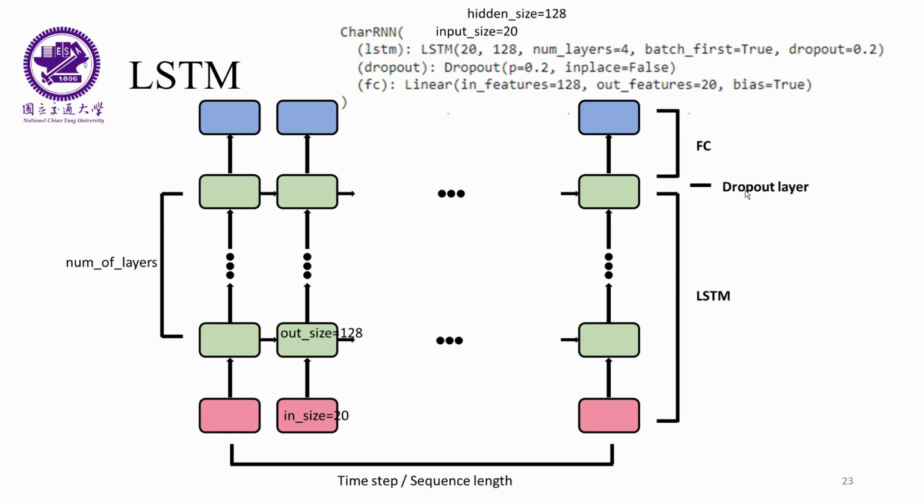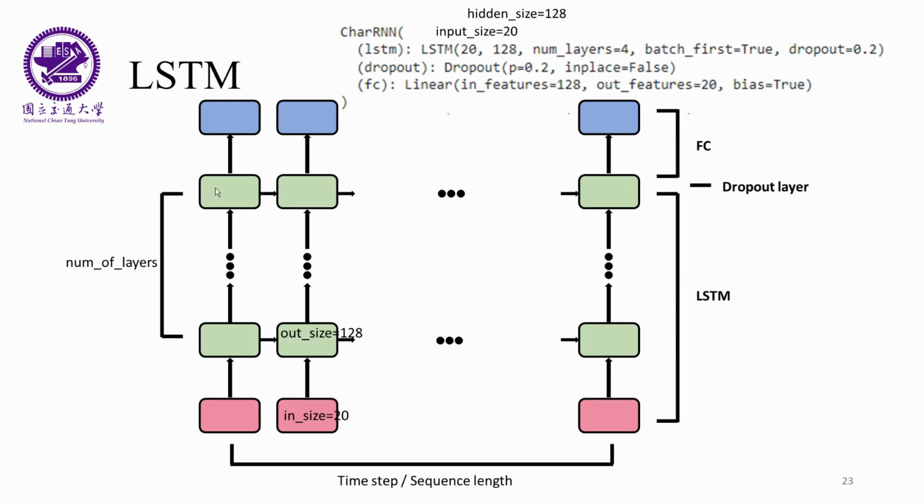And for the dropout layer, you just need to know that it randomly sets the parameters to 0 with a specific probability that you defined. The fully connected layer converts the dimension from 128 back to 20.